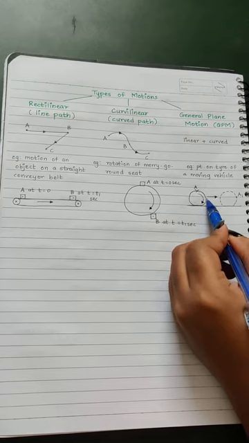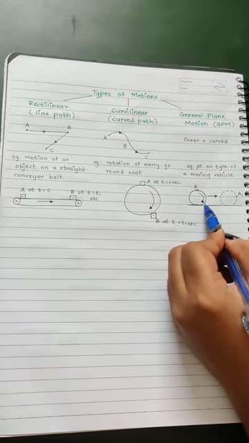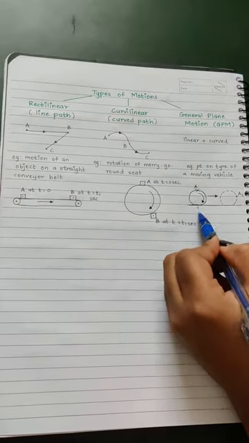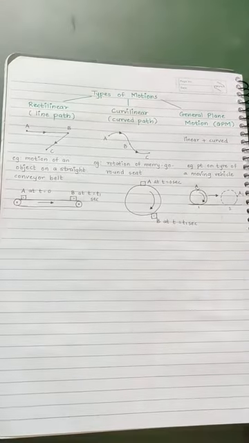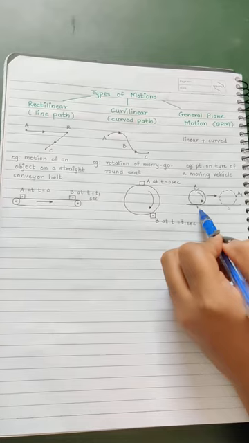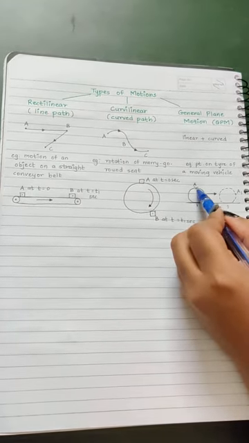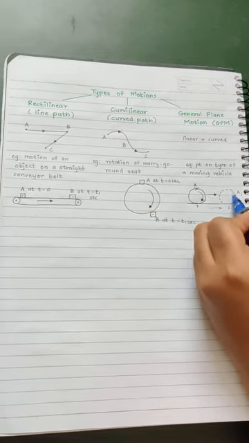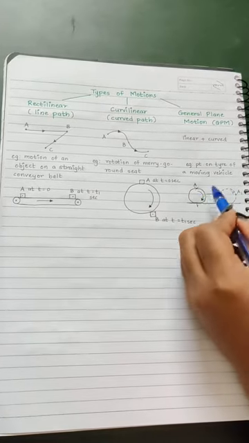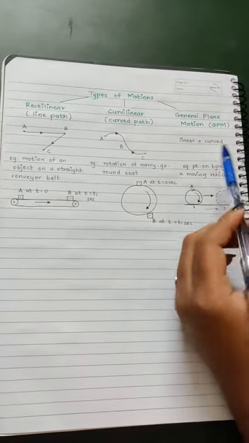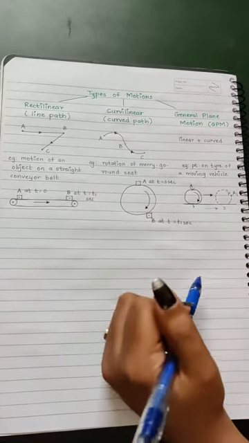A is going to rotate along the circumference, correct? And simultaneously it is going to move from point 1 to point 2 as well. So it's going to move from point 1 to 2 in a linear fashion, and from point A to A1 in a curvilinear fashion. So we are combining linear and curved paths, and this is called the general plane motion.